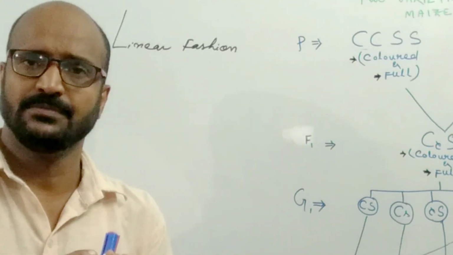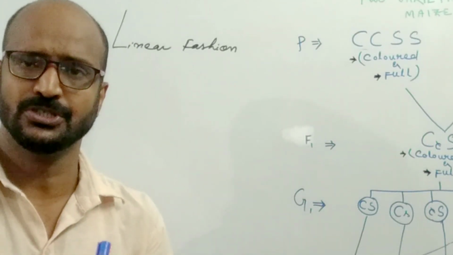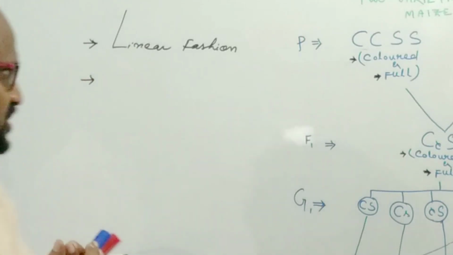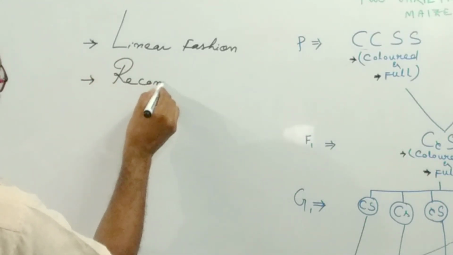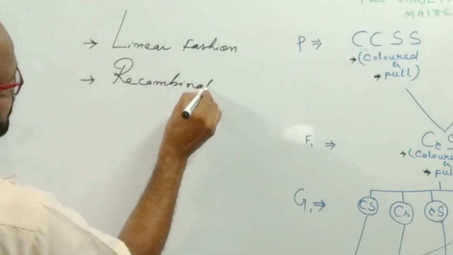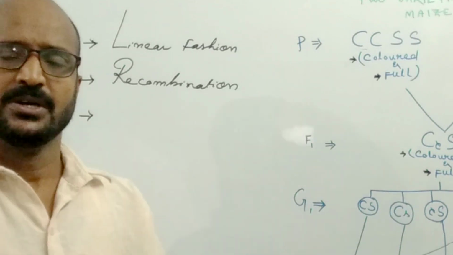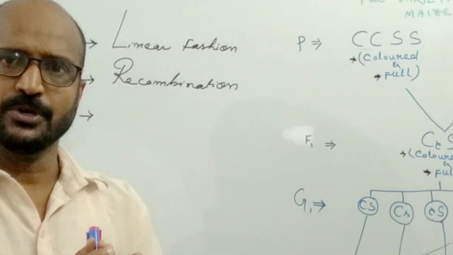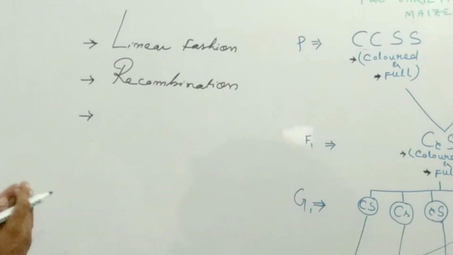Crossing over helps in the production of new combinations, that is, recombination. The process of crossing over helps to construct the linkage map or genetic map.